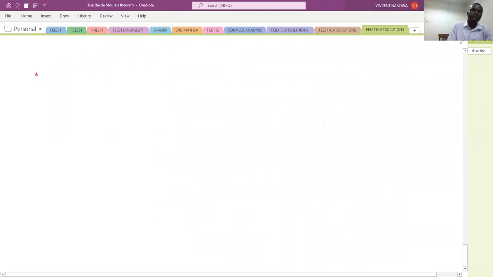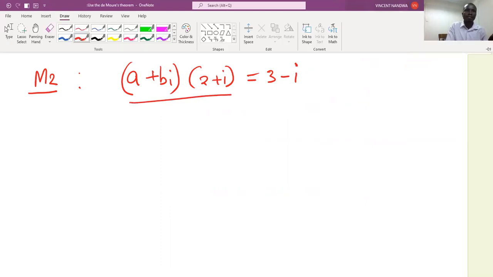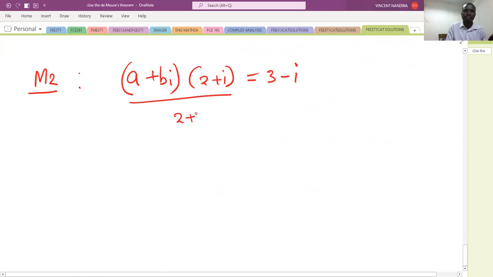Alternatively, we can use another method, method 2, where we have A plus BI times 2 plus I equals 3 minus I. So divide through by 2 plus I, and this and this cancels out.